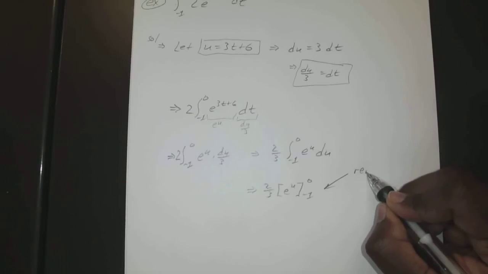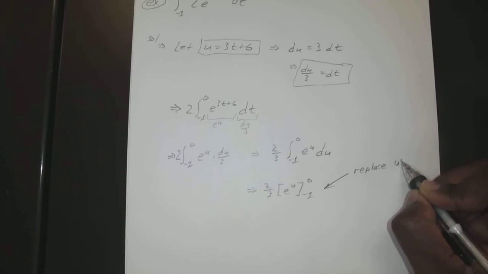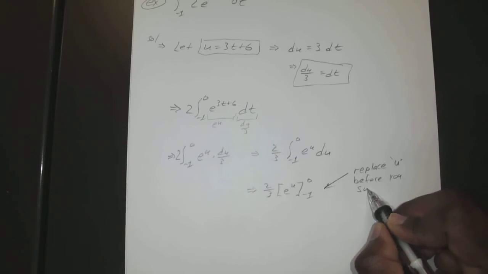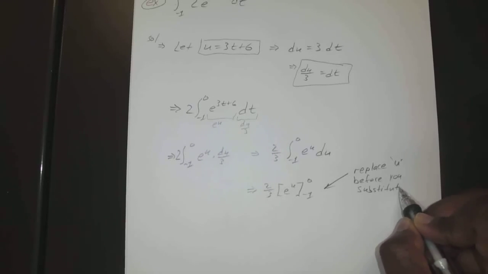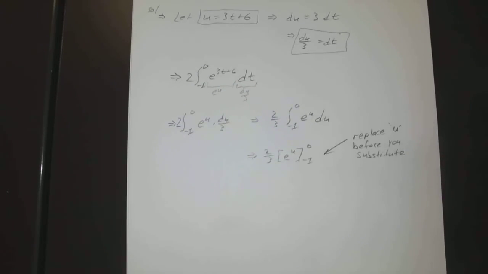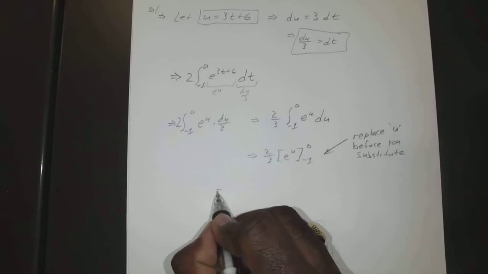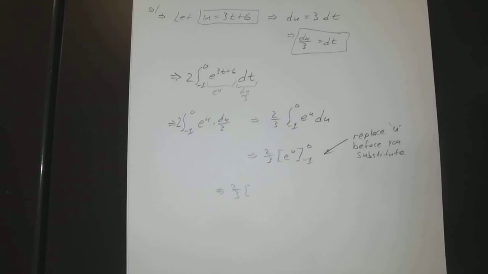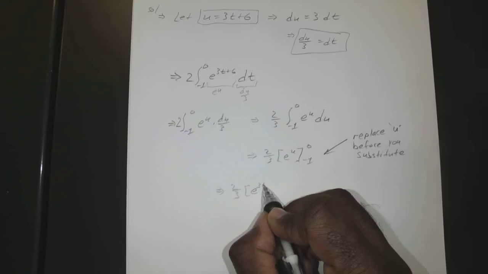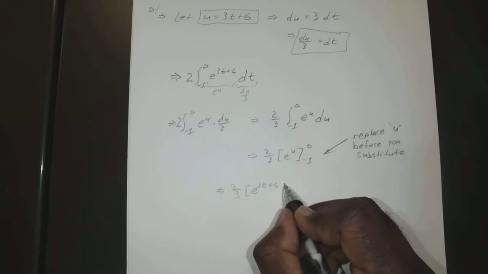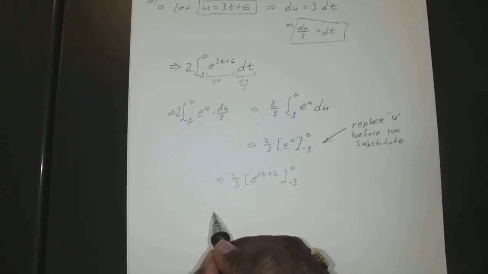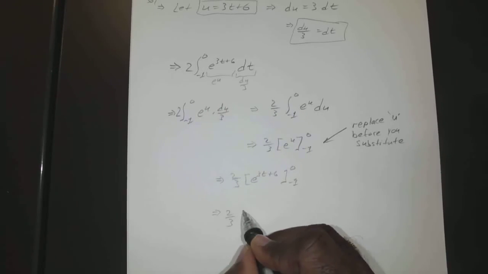Once again, we have to replace u before we substitute. Okay, so that gives us 2/3 times e to the 3t plus 6 from -1 to 0. Okay, so we have our 2/3.